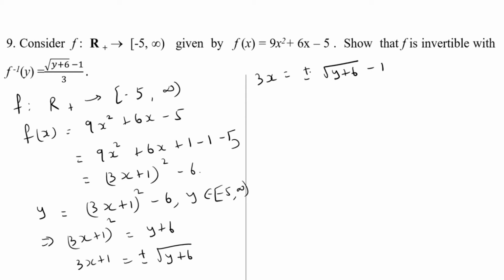So we have 3x equal to +√(y+6) − 1 since x belongs to R+. So from this we have x equal to (√(y+6) − 1)/3.